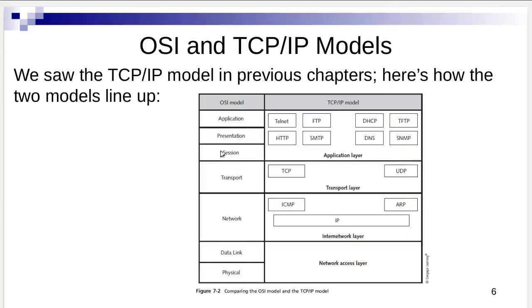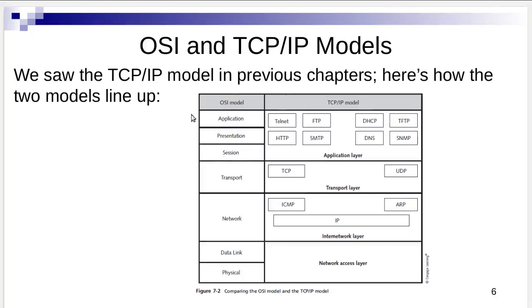Turns out there's a lot of stuff that happens at the session layer. So if you were to look inside how web apps or web servers are implemented, there is actually code that's specific to the session layer, both for the browser and for the web server. So once again, there are slight differences between TCP/IP and OSI.